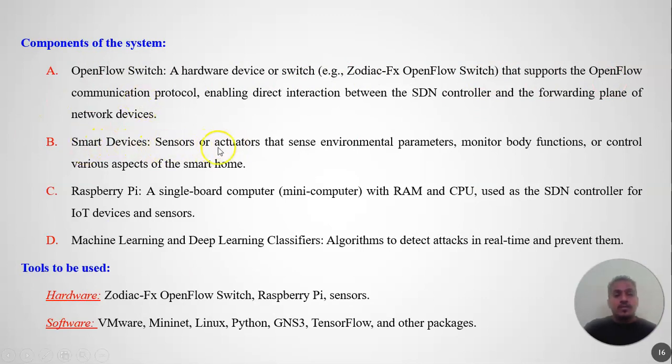Smart devices: sensors and actuators that sense environment parameters, monitor body function, or control. Raspberry Pi: a single board mini computer with RAM and CPU, used as the SDN controller. Machine learning and deep learning algorithms detect the attack in real time.